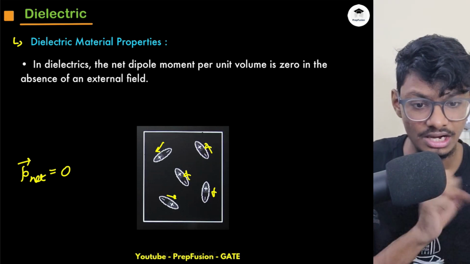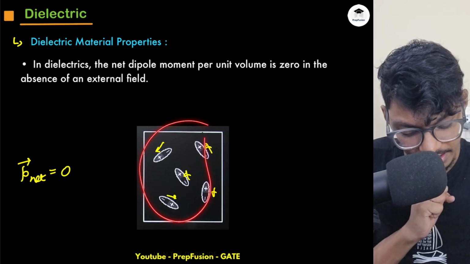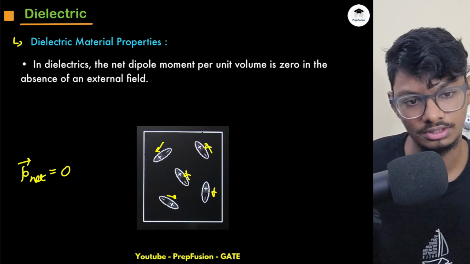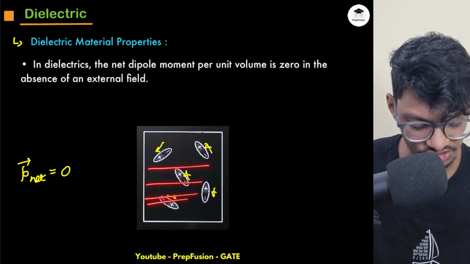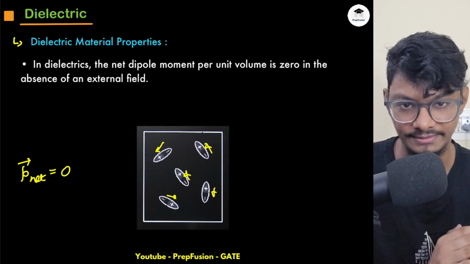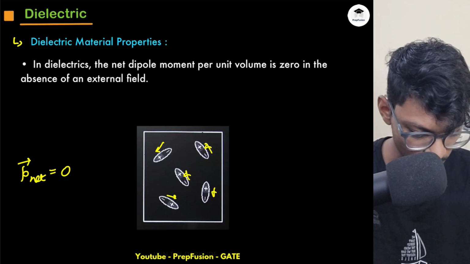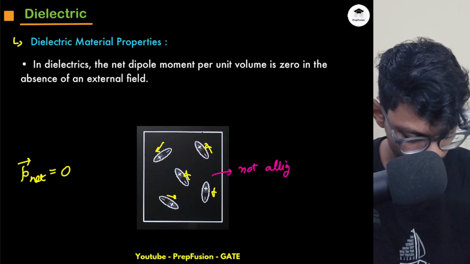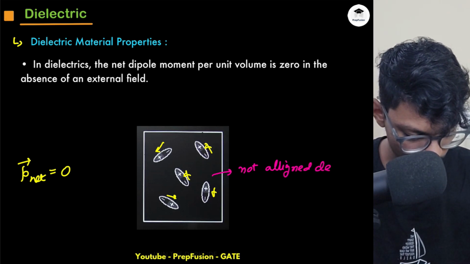But why are they in a non-uniform manner? Why are they not perfectly aligned?